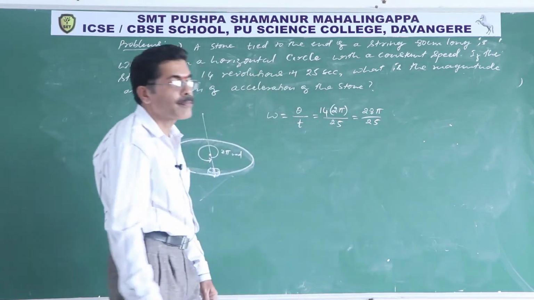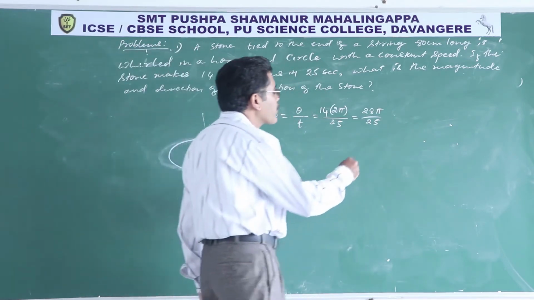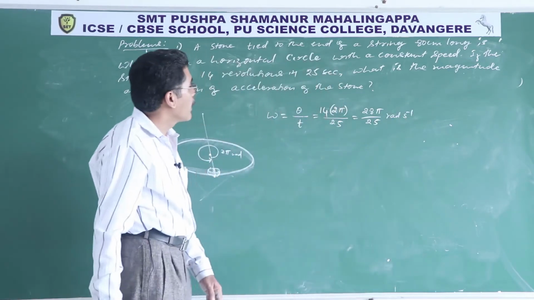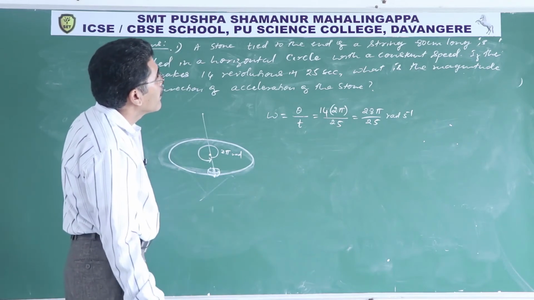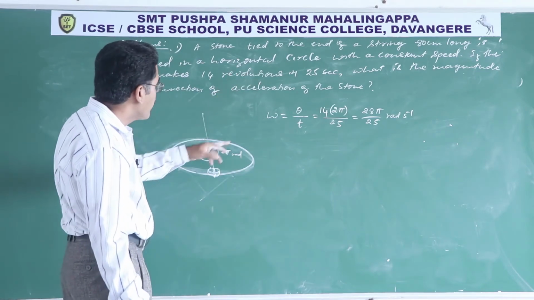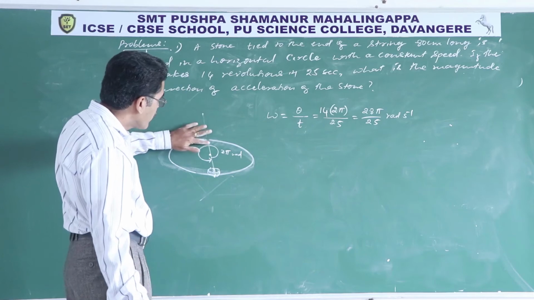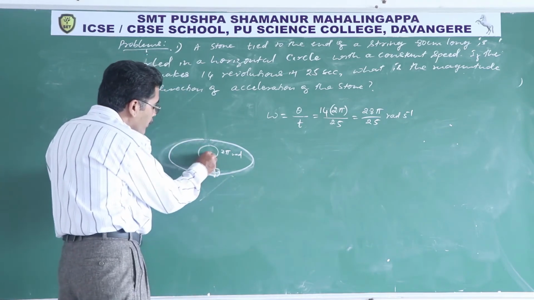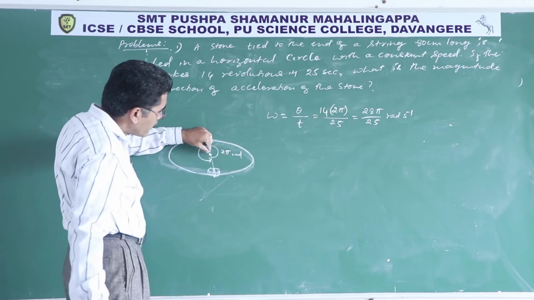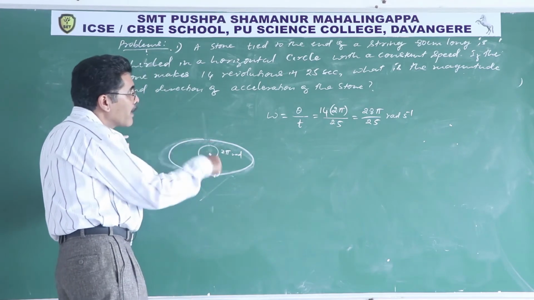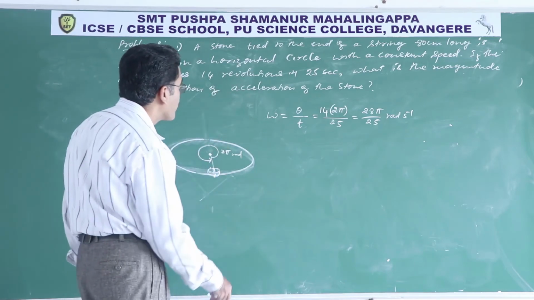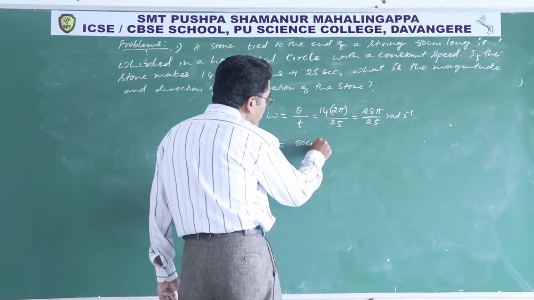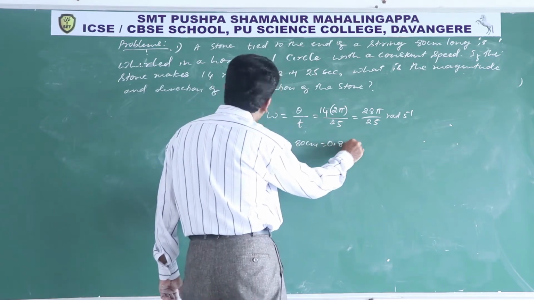So this is omega, in radian per second. The string is held at the center. Then what is the length? The length is 80 centimeter. So the radius here is equal to 80 centimeter or 0.8 meter.